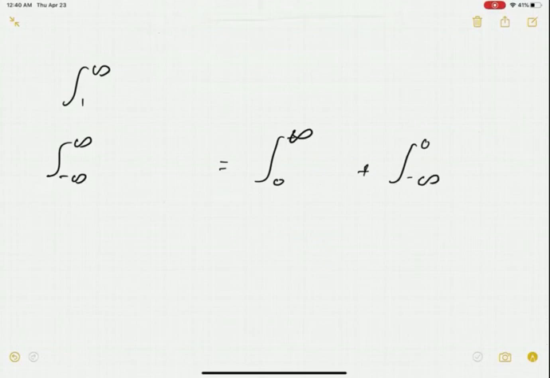We need to do each of these like we did the first case, right? We say limit as t approaches infinity for this one, and just to make it clear that we're talking about a different limit, we could do limit of some other letter like s.